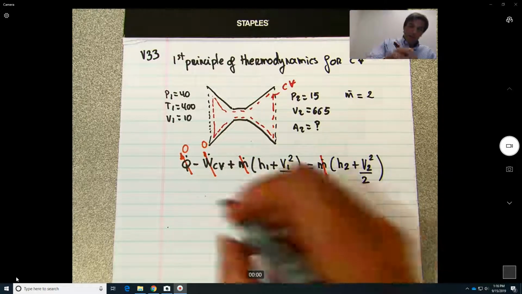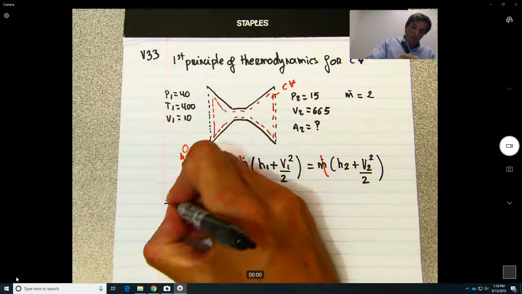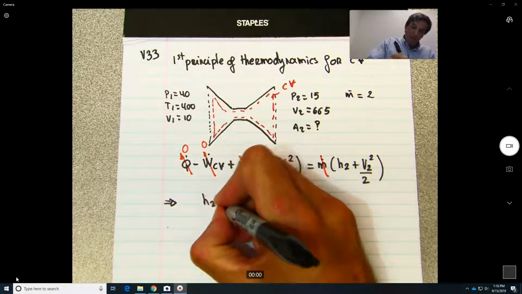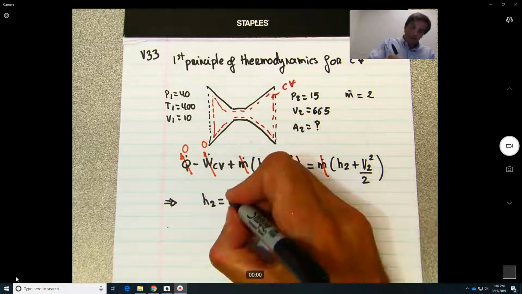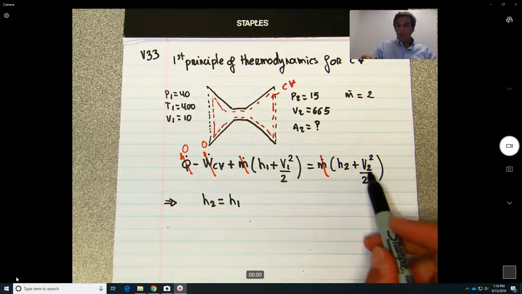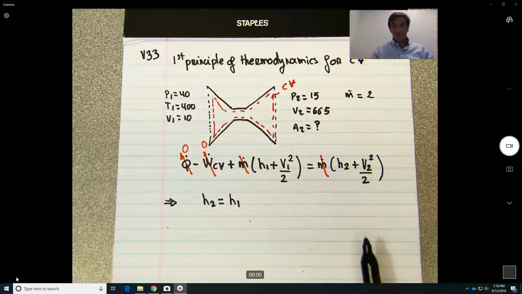So if we solve for H2, what do we get? So let's say H2 will be equal to H1, and now I'm just going to move this V2 over here.